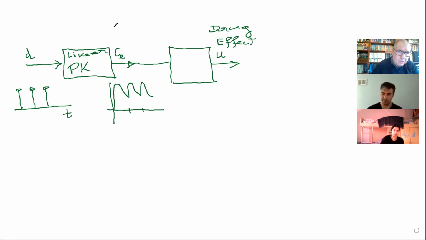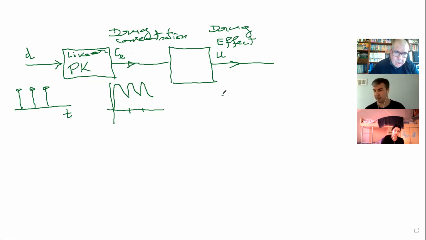And here you have the drug concentration at a place where it does some effect, okay? And this is typically between 0 and 1. So you can usually model this by some static nonlinearity. This is the pharmacodynamical model, PD.